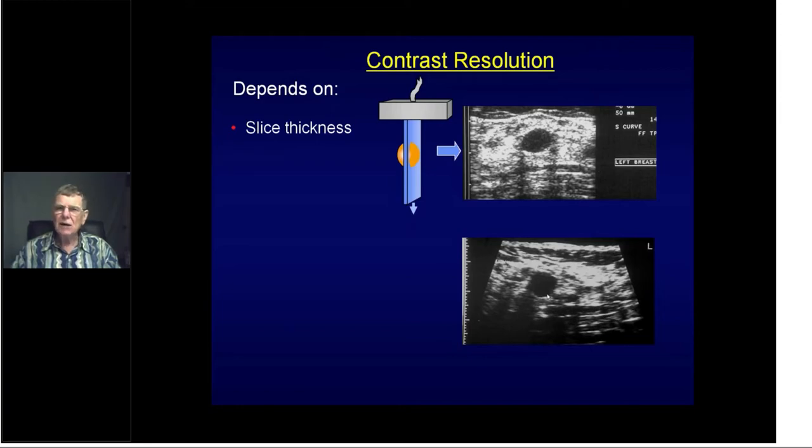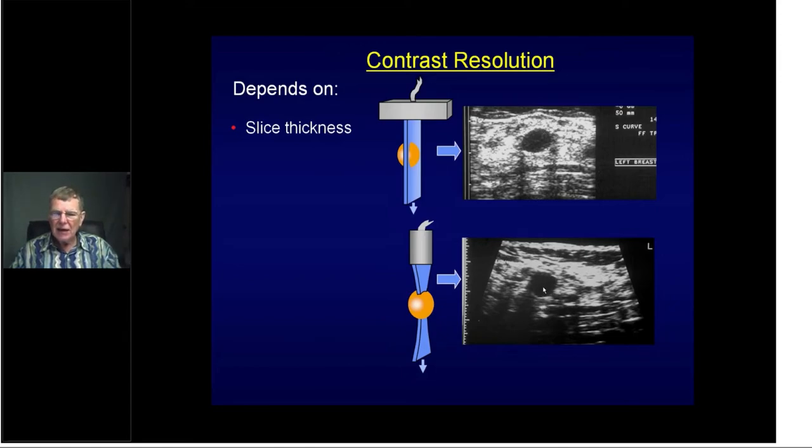Why did it do so? Because an annular array transducer focused very well in both planes, not only in your beam width plane, but also in your slice thickness plane. So when the annular array scanned across here, as the beams went through this cyst, the beams were totally within the cyst, not in any soft tissue in front of or behind, and therefore it did not return any echoes.